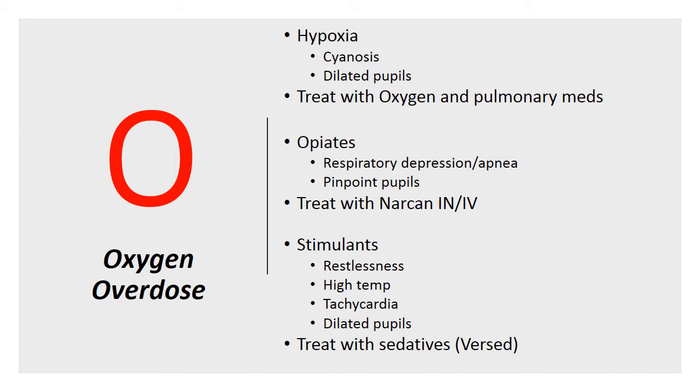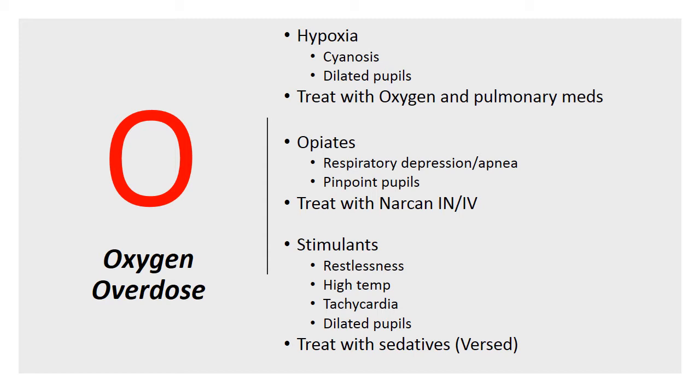So treat the oxygen and any kind of pulmonary meds. If they have constriction, give them those ANAs. If they've got pulmonary edema, give them CPAP and nitrates. Controversially, Lasix is still considered in some protocols, but a lot of research isn't supporting Lasix in a pre-hospital setting. And overdoses, we're looking for those opiates.